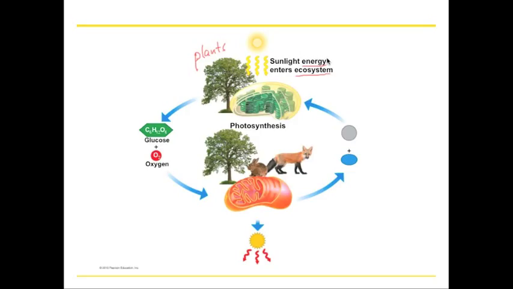We then use these ingredients in cellular respiration, and plants also use these in cellular respiration. And when we use these things in cellular respiration, we produce two things, carbon dioxide and water, and those cycle back into photosynthesis because those are the ingredients that plants need to make more glucose and make more oxygen.